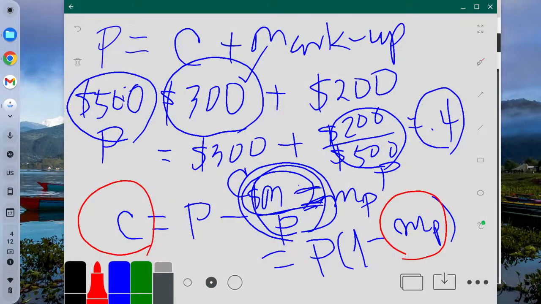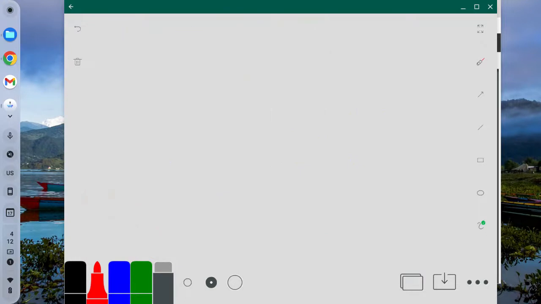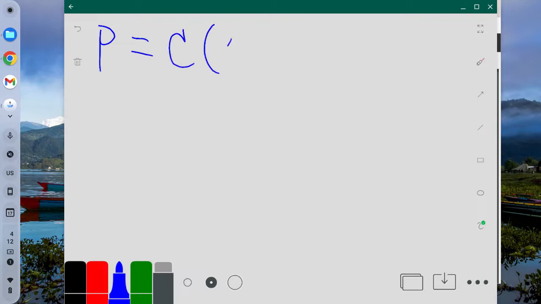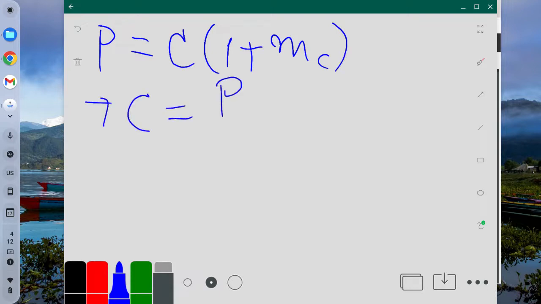If the markup rate is based on cost, I've been telling you, price is cost times 1 plus markup rate based on cost. If this is the case, then cost is price over 1 plus markup rate on cost.